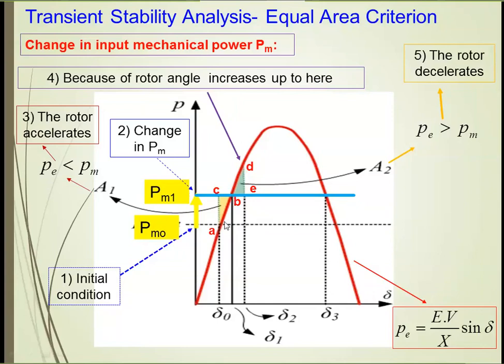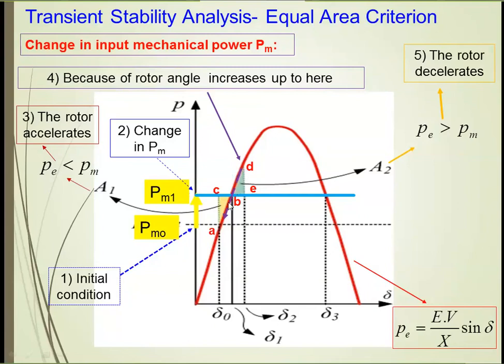So here we have two different areas, area 1 and area 2. Area 2 is the deceleration area, and area 1 is the acceleration area, right?